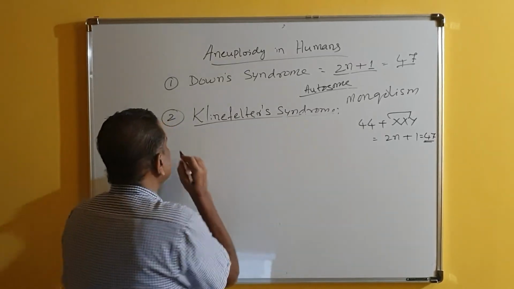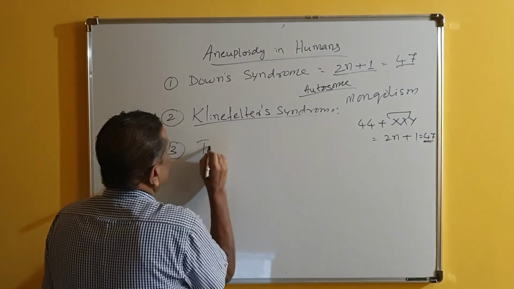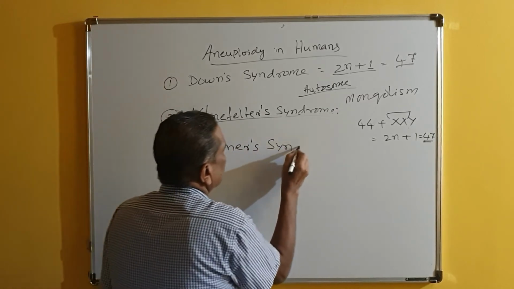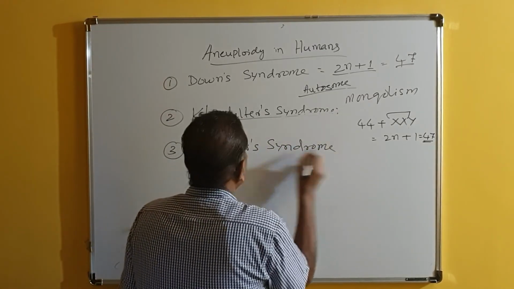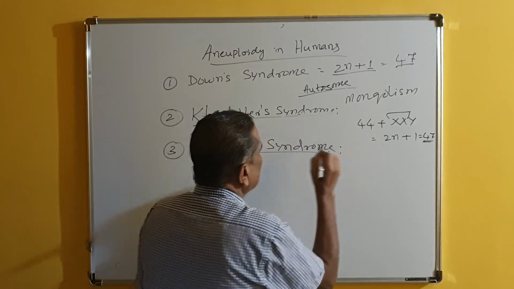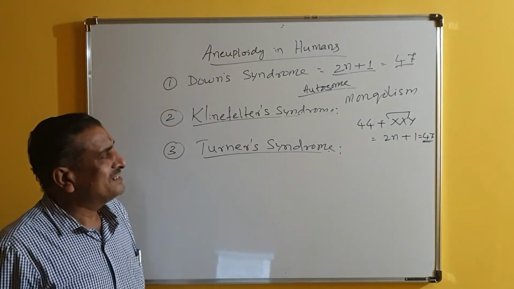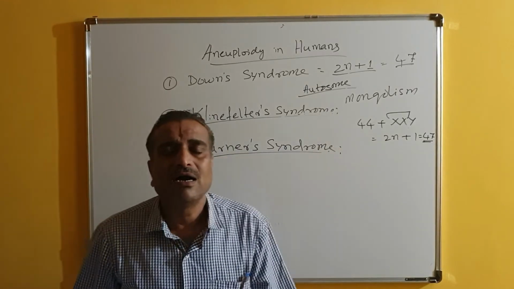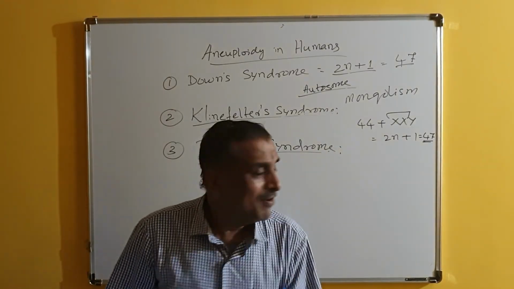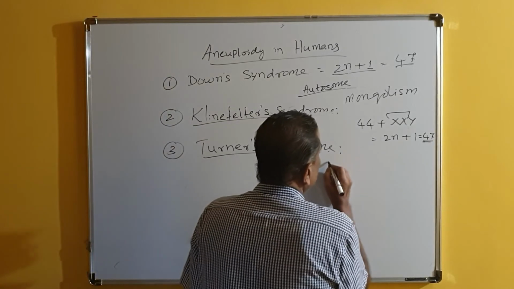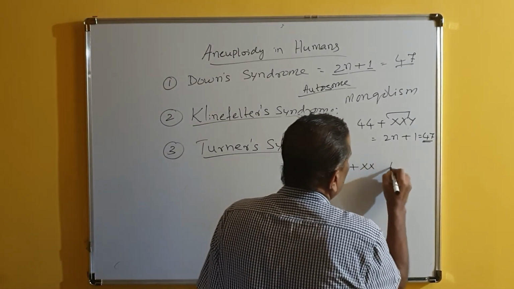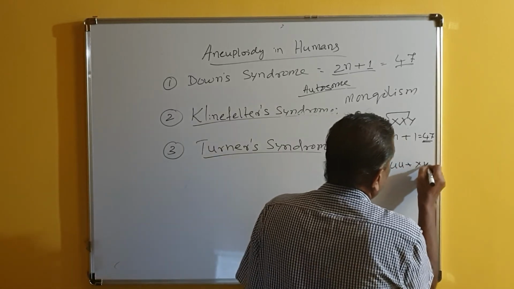And the last one is Turner's syndrome. This is also a syndrome which happens due to a disorder in the allosomes. What is the normal male and female? I have told you already, 44 plus XX or 44 plus XY.